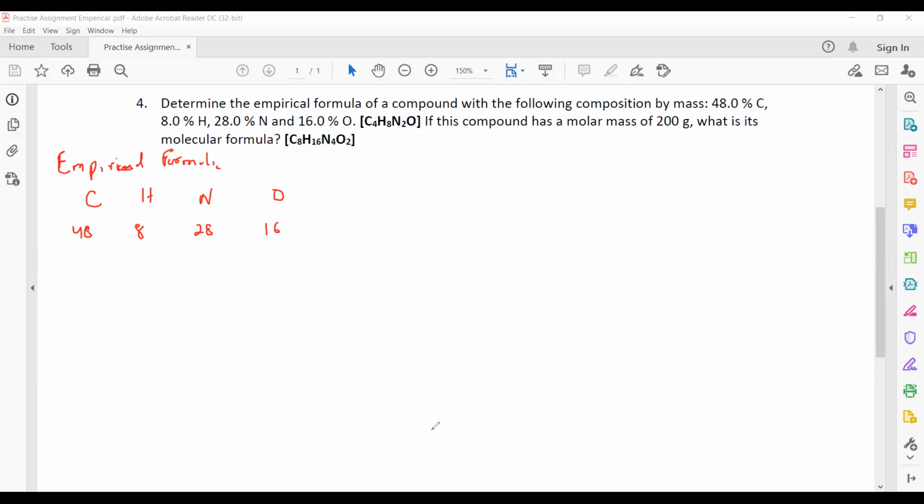So first step, we divide by atomic mass. So we divide carbon by 12, hydrogen by 1, nitrogen by 14 and oxygen by 16. So 48 divided by 12 is equal to 4. This will be 8, this will be 2, and this will be 1.